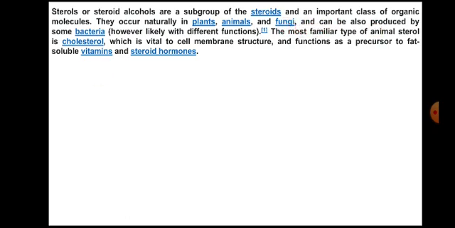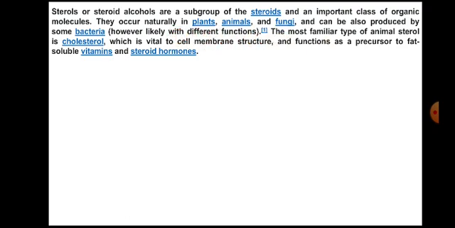They can be produced by different bacteria which are known for carrying out different functions. That means steroids which are obtained from plants can be converted into their functional or usable form with the help of certain bacteria and fungi. That is called steroid transformation.